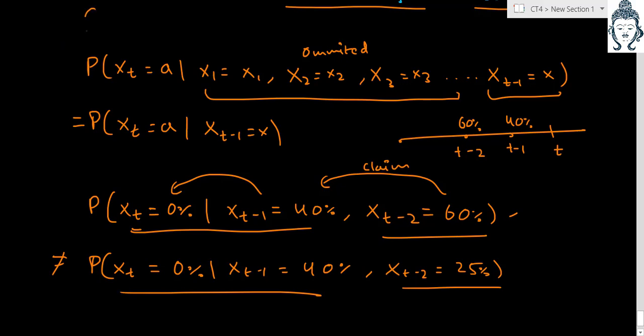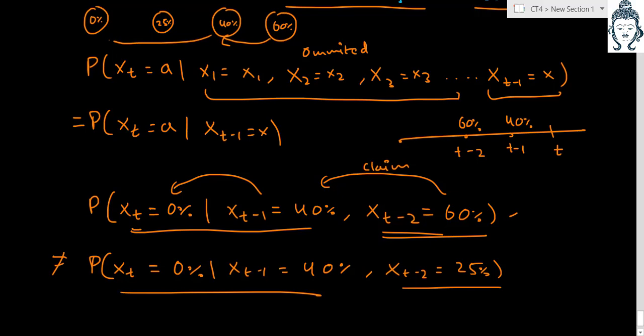So you have 4 levels: 0%, 25%, 40% and 60%. If you were at 60% at time t minus 2, you move down 1 level, at time t minus 1 you are at 40%. If you have another claim, since you have already had a claim last year, you will move down to 0%.